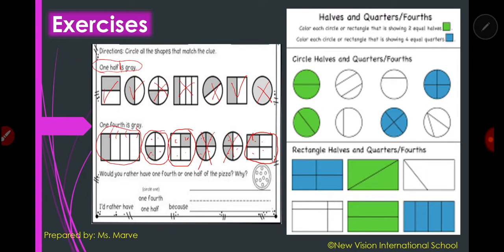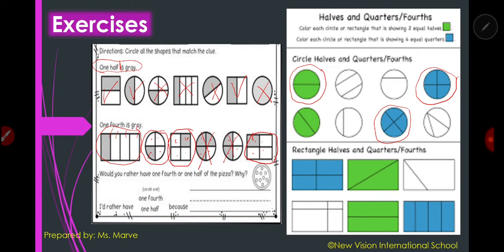Okay, so circle halves and quarters. Okay, easy, just circle. Okay, are we going to just circle this one, and then these are four, this is quarters, one, two, three, four, of course, and this.